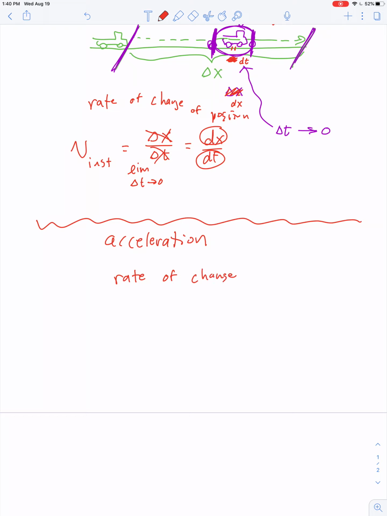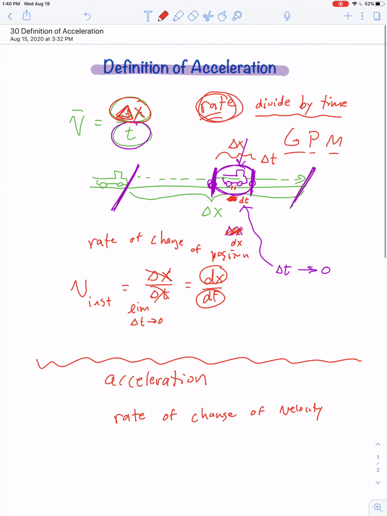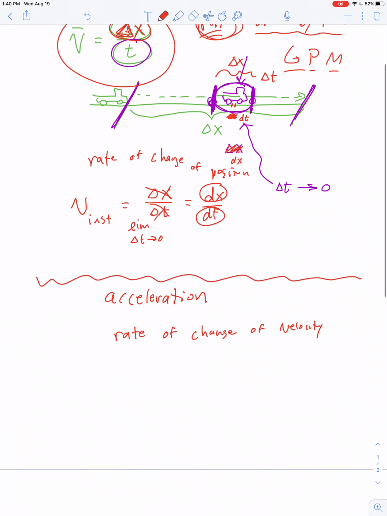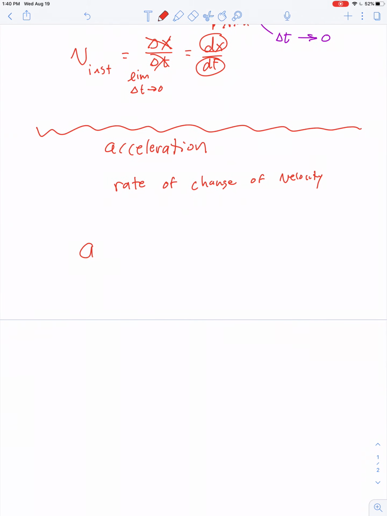But it's not the rate of change of position, it's the rate of change of velocity. So just like average velocity is delta x over t, average acceleration is delta v over t. And if I want instantaneous acceleration, then I limit myself to cases where delta t approaches 0.